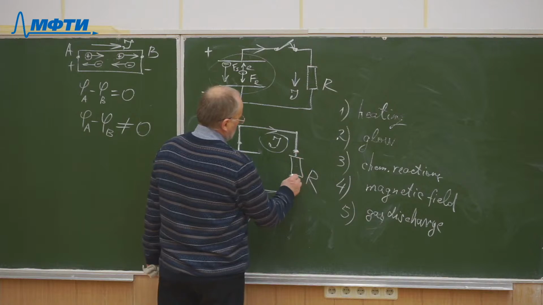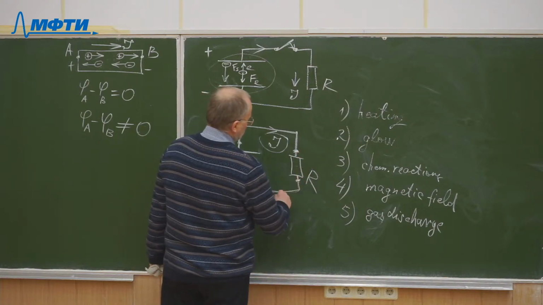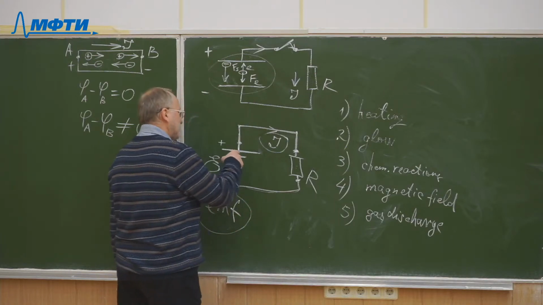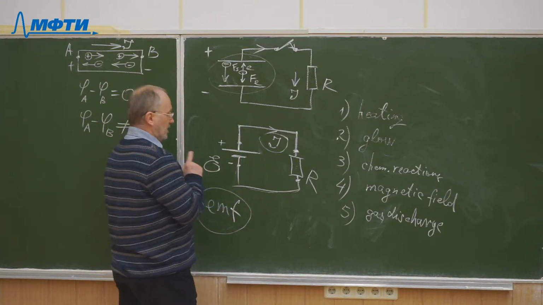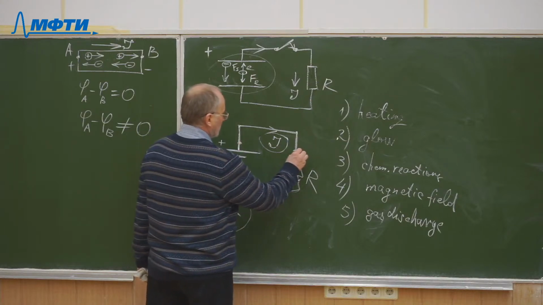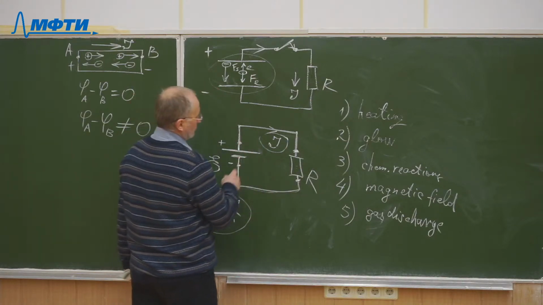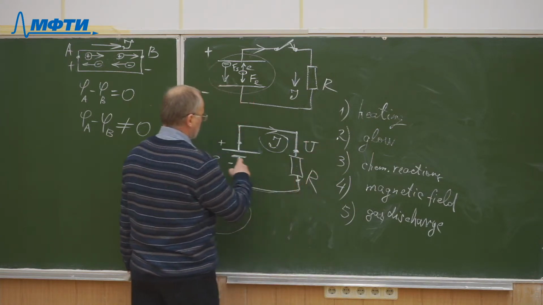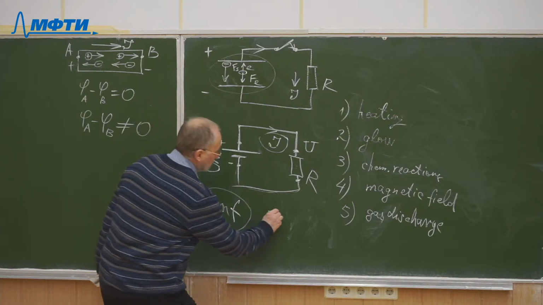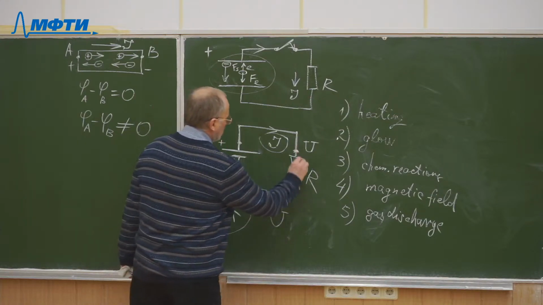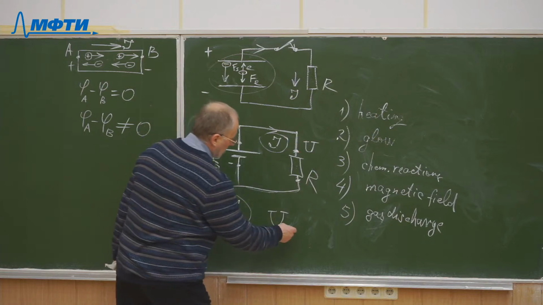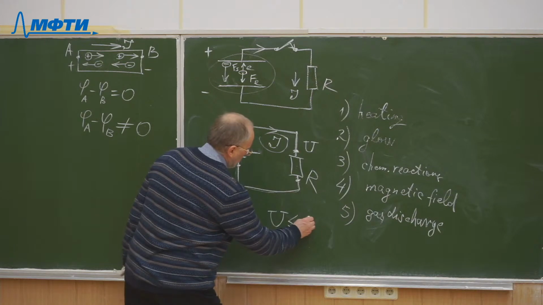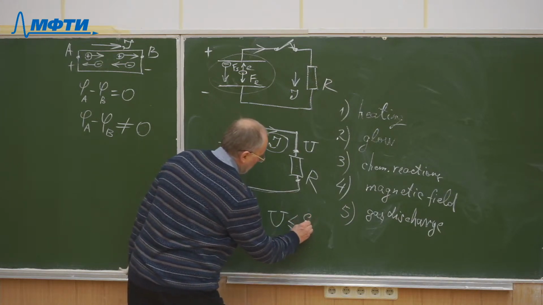But if the battery has some internal resistance, then in the general case some voltage will fall on this internal resistance, and the voltage on the outside circuit will be smaller than the EMF. So in the general case, the potential difference in the outside circuit is smaller than or equal to the electromotive force.